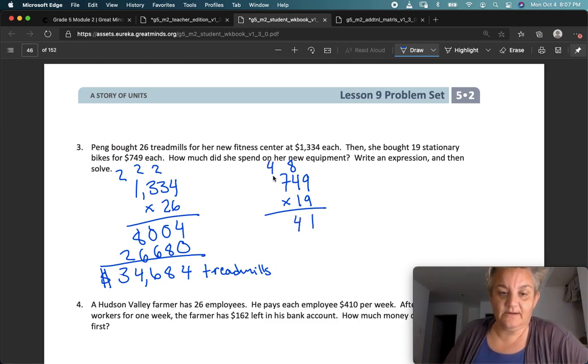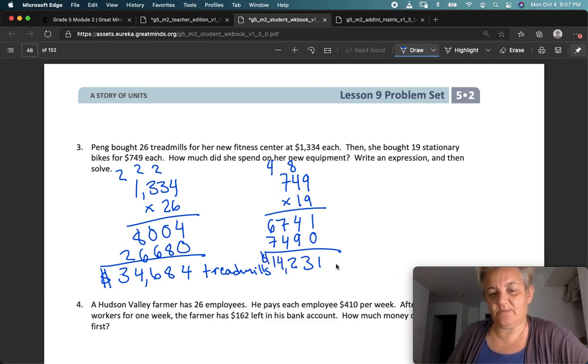Carry the 4. 9 times 7 is 63, plus 4 is 67. And tens place 9, 4, 7. 1, 13, 8, 9, 10, 11, 12, and 14. So she spent $14,231 on the bikes.